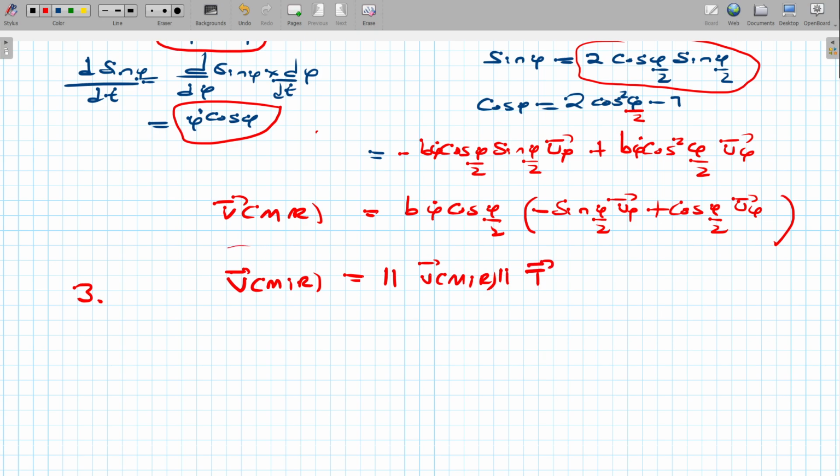Because I have the expression for velocity, I can calculate the norm.